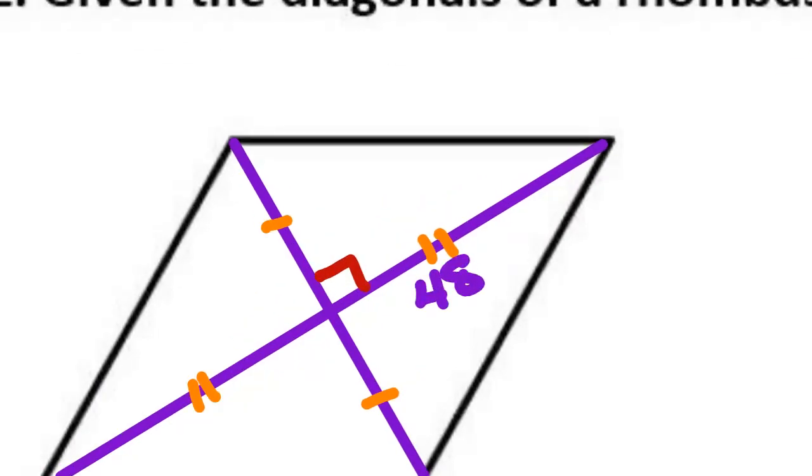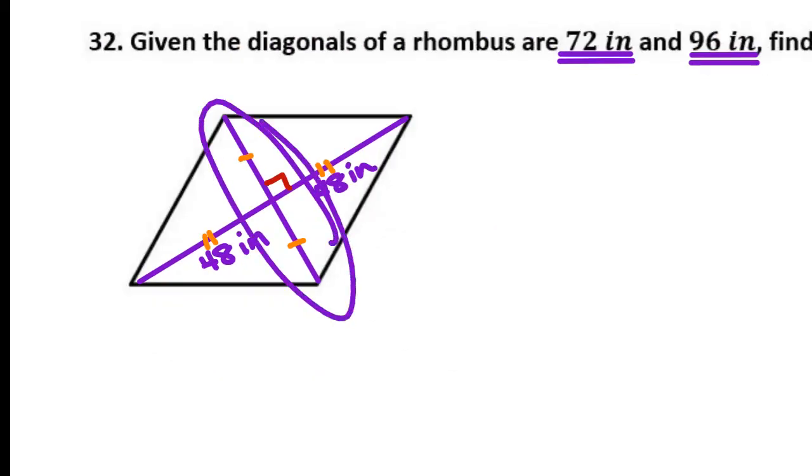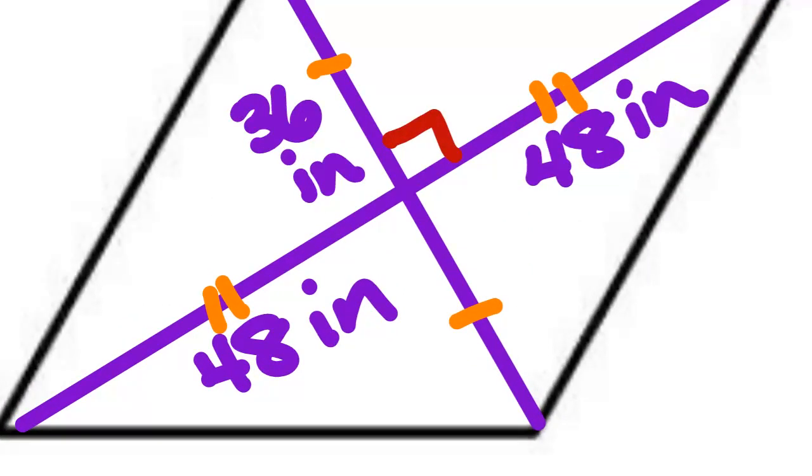So this is 48 inches right here. This is 48 inches right here. And if the shorter diagonal is 72 inches, how big is each half? 36. I have 36 inches and 36 inches.